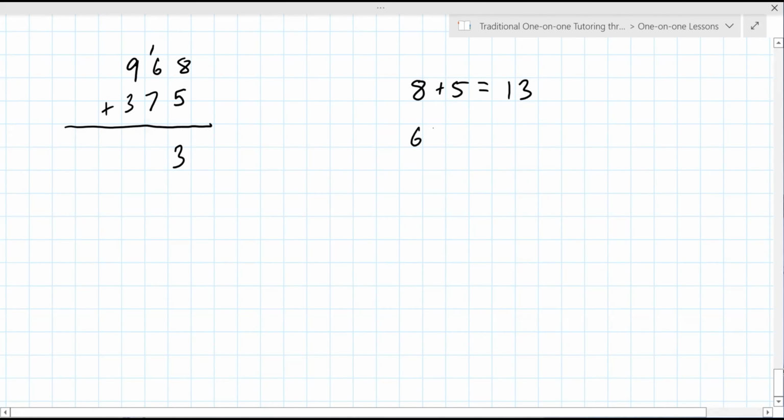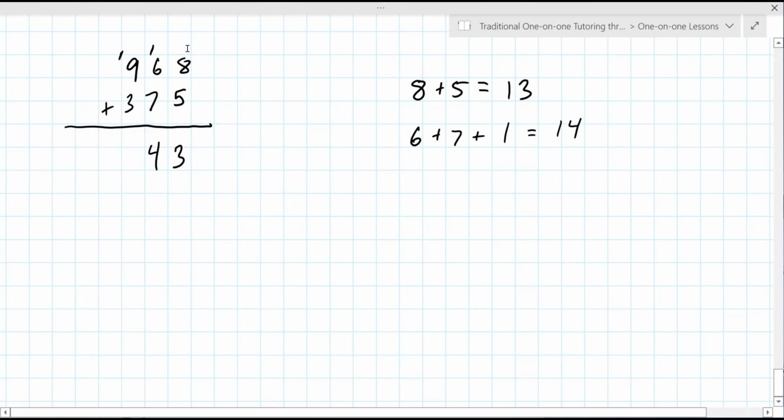So now you're going to add 6 plus 7 plus the carry of 1. 14. So what number goes below the 6 and the 7? The 4. 4. Carry of 1.